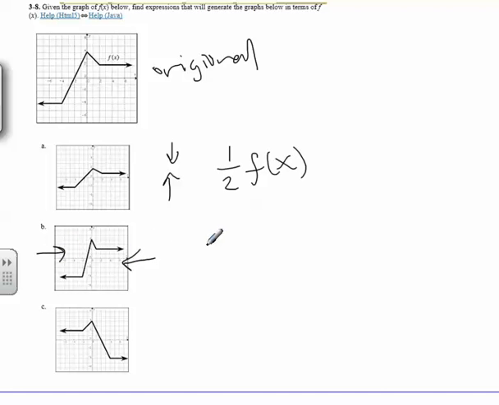So perhaps that one is where I have a number greater than 1 in the parentheses. And this one looks exactly like the original except flipped over the y-axis. So that is what occurs when I have a negative in the parentheses with the x.